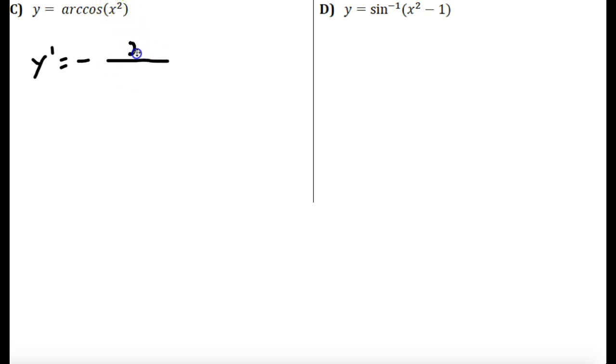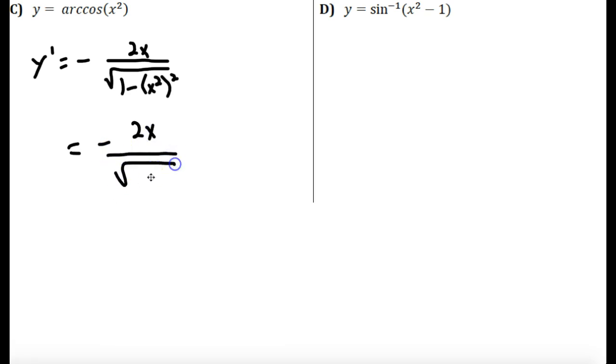The derivative of my inside here is 2x, then over the square root of 1 minus the inside squared. We could clean that up just a little bit and make this 2x over the square root of 1 minus x to the fourth. And that's all the simplification we can do.